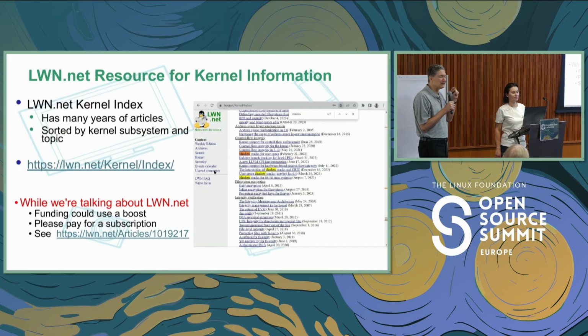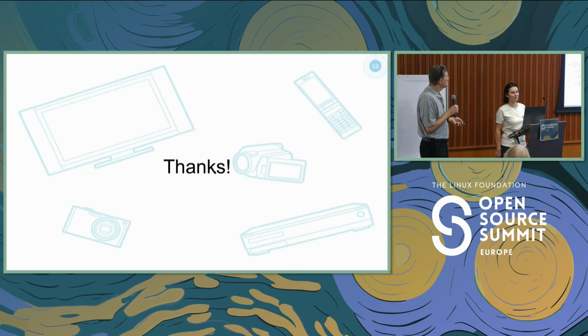But if there's a subsystem in the kernel, you can almost always find discussions about that subsystem when it was introduced and when it was modified. And so I highly recommend the LWN.net kernel index. And so also, you could go out and get your own subscription and have your company subscribe. I think they're a valuable resource.